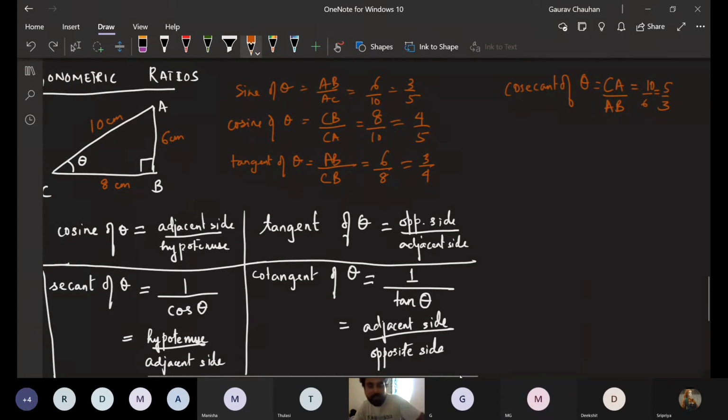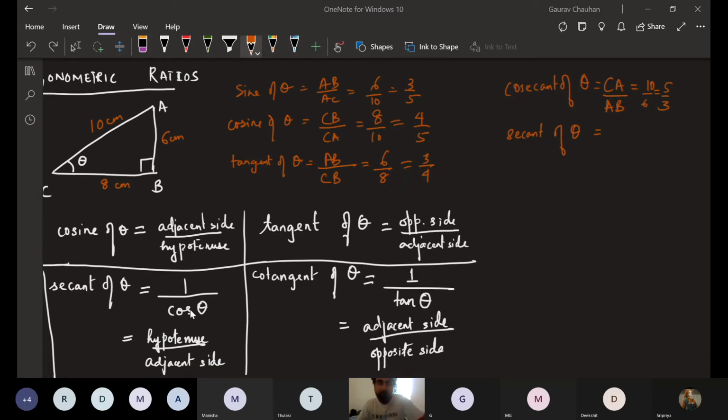Okay, I want to hear from Asgar. No, cosecant is done. Secant of theta. The formula is here. Asgar, can you tell me secant of theta?